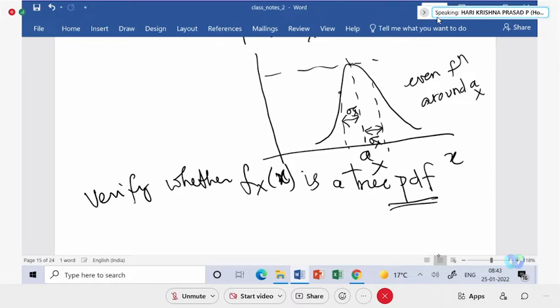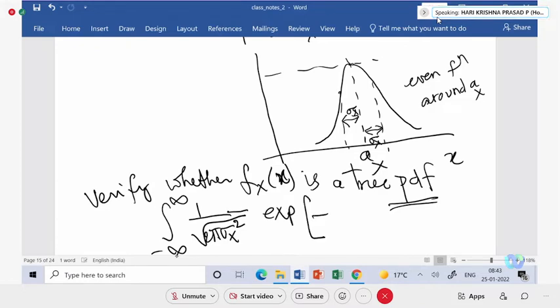PDF we use frequently to signify that the probability density function is being considered. The formula is: write down the density function as the integrand, integral of f_X(x) dx equal to 1.